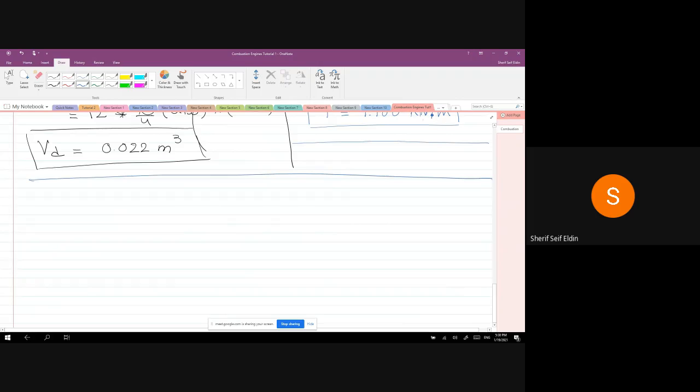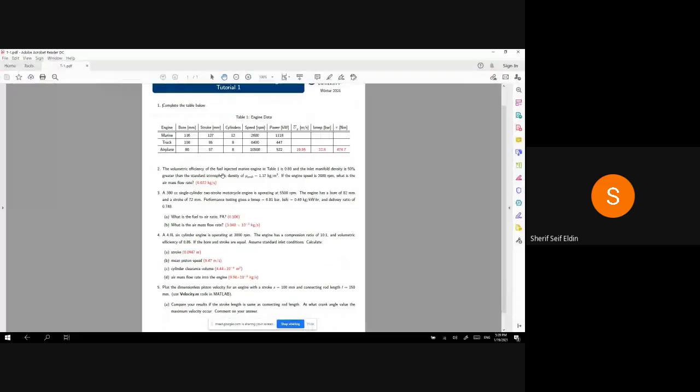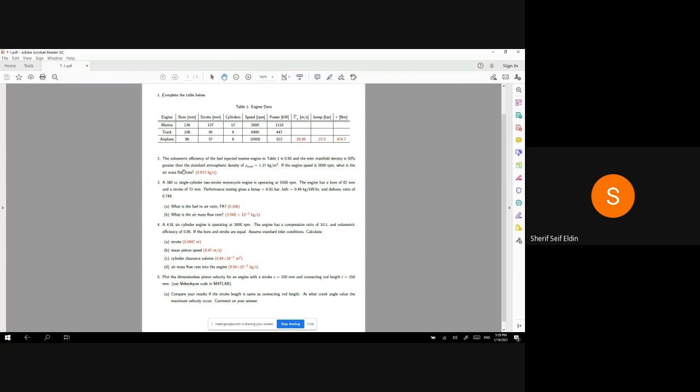So that's for the first question. The second question is very easy. It's about the volumetric efficiency. The volumetric efficiency of fuel injected in table 1 is 0.8, and the inlet manifold density is higher than the atmospheric density, which is 1.17.